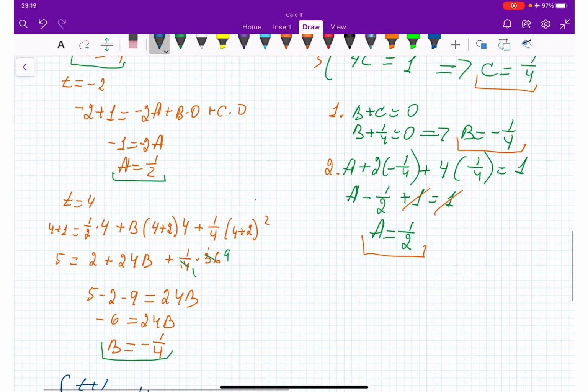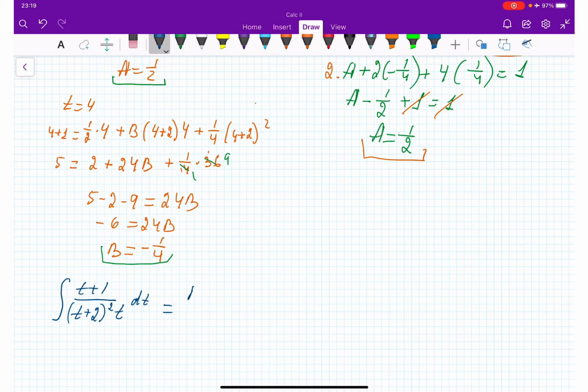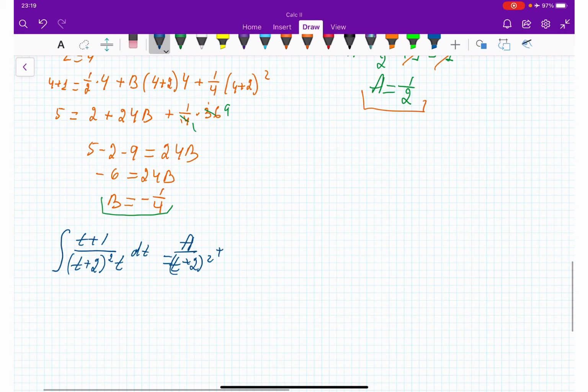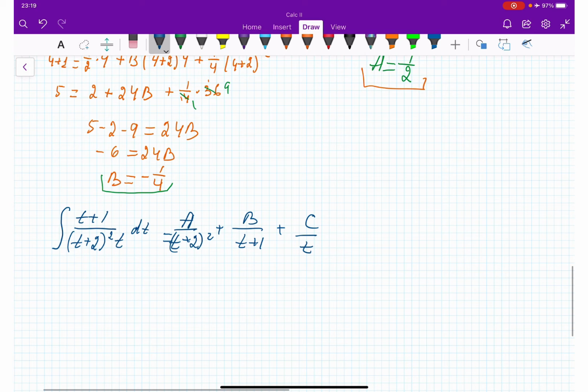Okay, let me write it down: A over (t plus 2) squared, plus b over t plus 1, and plus c over t. So from here we have the integral.